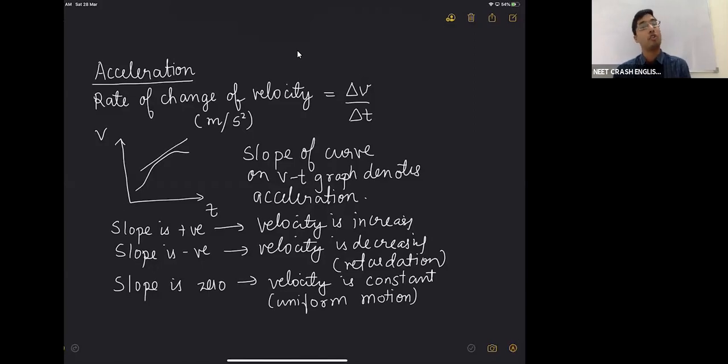Okay. So the slopes of the graph tell us very, very important things about what is the type of motion. Positive slope of the VT graph basically tells us that it is increasing velocity. Negative slope tells us decreasing velocity, and zero slope tells us that it's uniform motion.